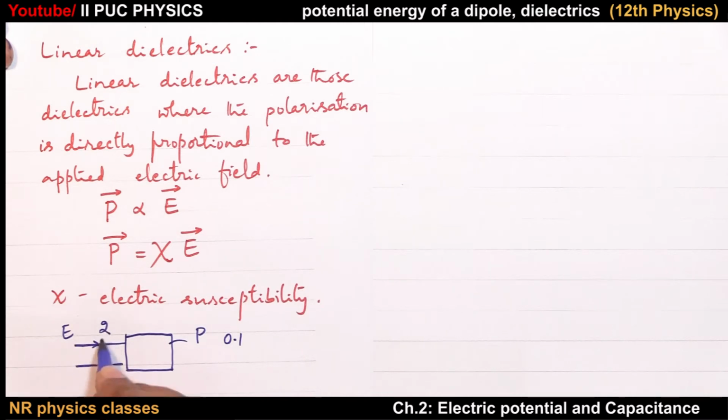Now the strength of the electric field is increased to 4 units, 2 to 4, then polarization will become 0.2. If the strength of the electric field is increased to 6, then this becomes 0.3. See, polarization of the material is directly proportional to the applied electric field. This is called a linear dielectric.